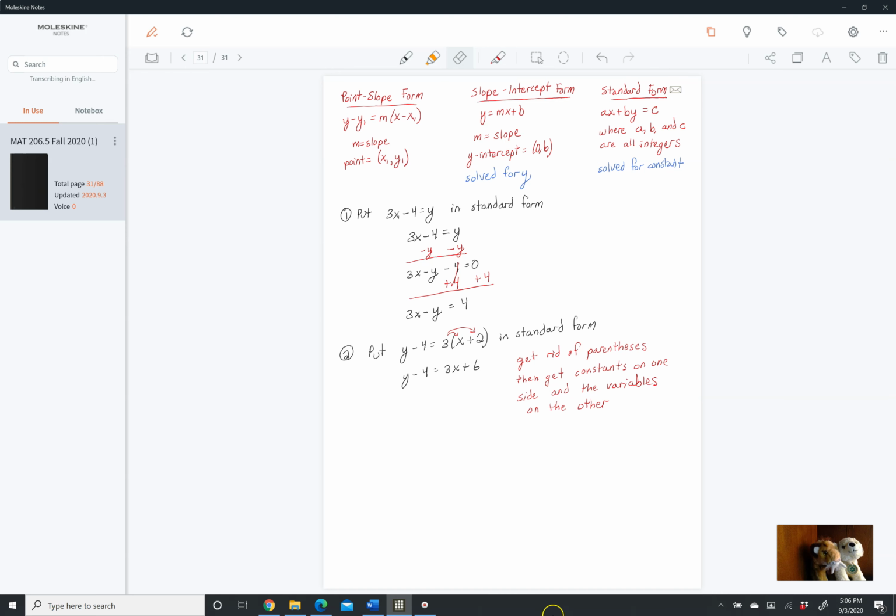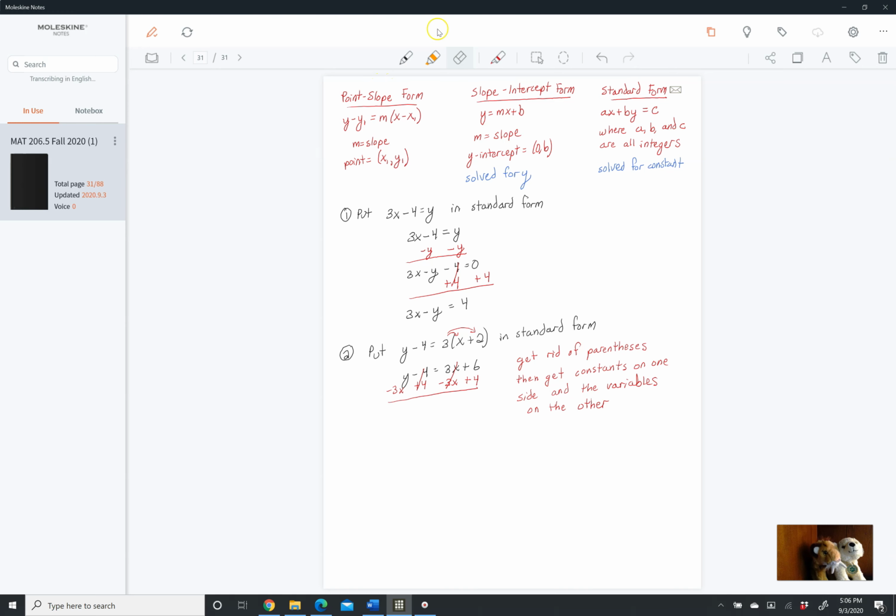Okay, so we need to get the x over to the left, and we need to get this 4 over to the right. So we can do that in one step if we want. We can subtract 3x from both sides. And we can add the 4, because then notice what's going to happen. The 4 is going to go away. 3x goes away here, and we add 4 to both sides.